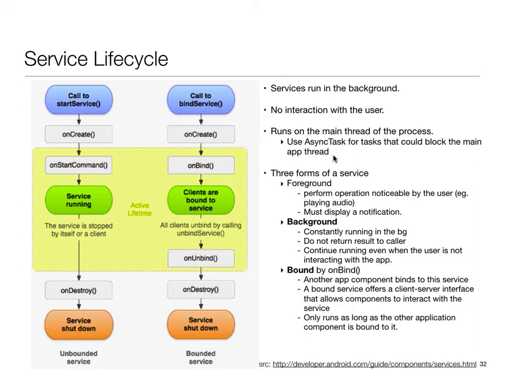And then you have the bound services, which essentially only work when they bind to other components. They provide this kind of client-service interface that allows components to interact with some particular service, and they only run as long as the other application that's bound to it is running.